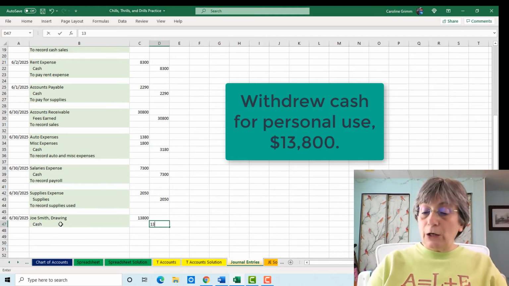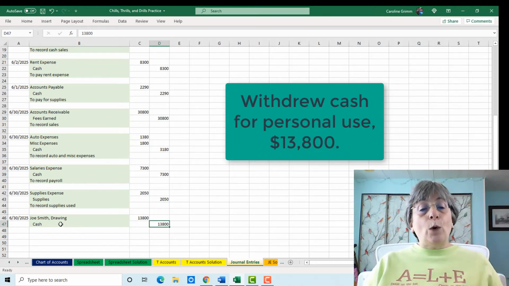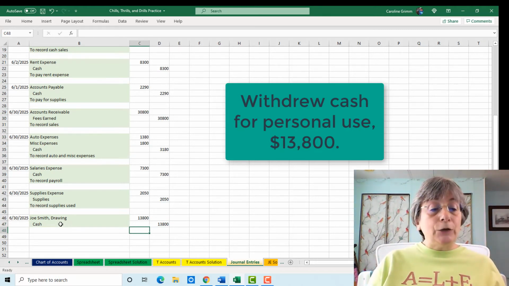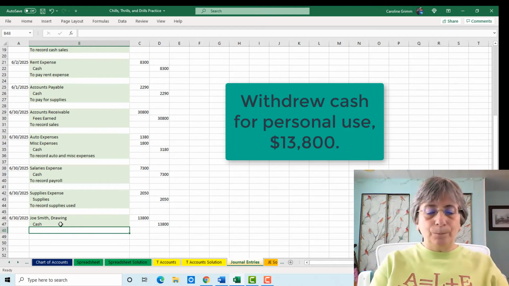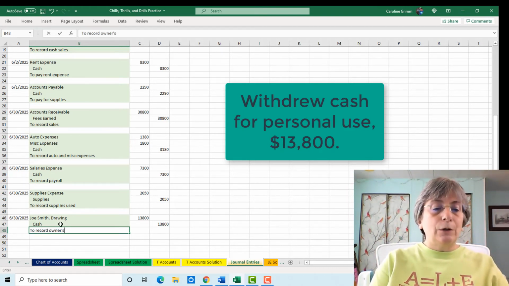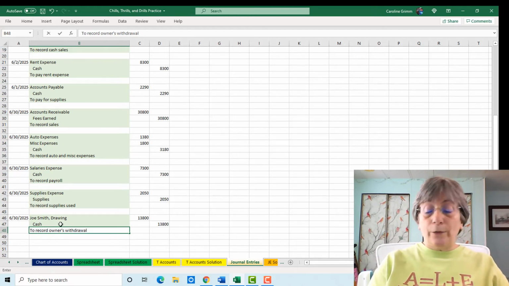We are reducing our cash by $13,800. So what we've done with that transaction is we have reduced his capital, his equity in the business, because he's taking some of it back out again. To record owner's withdrawal.